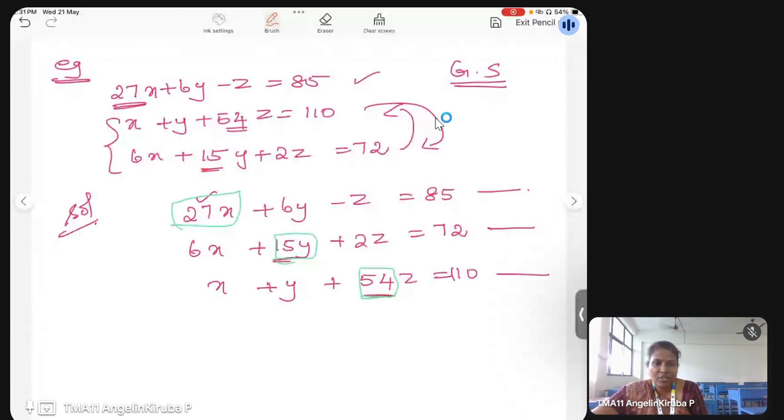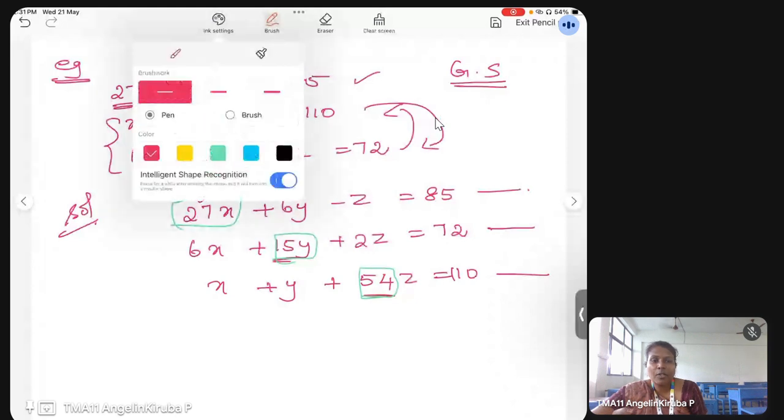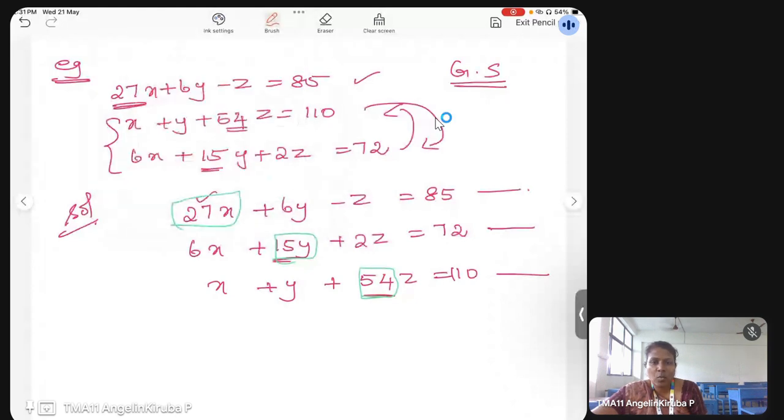Next, using these equations, we are going to find a new equation for x, y, and z. From the first equation we can find an equation for x, from the second an equation for y, and from the third an equation for z.